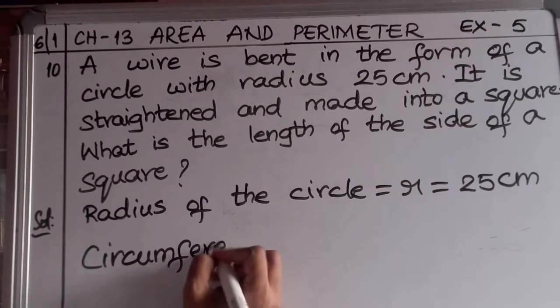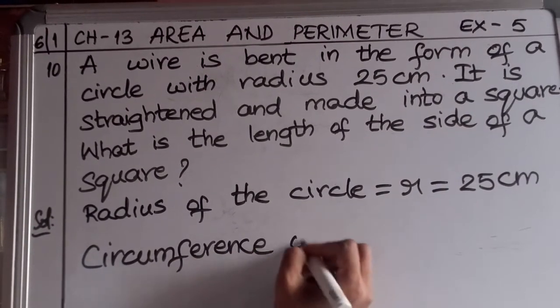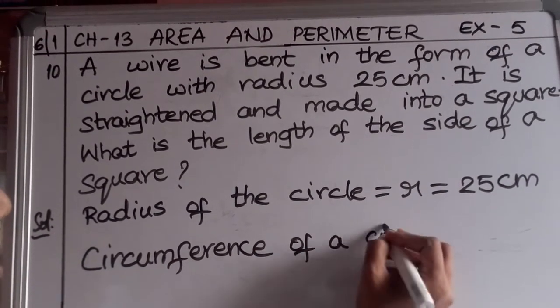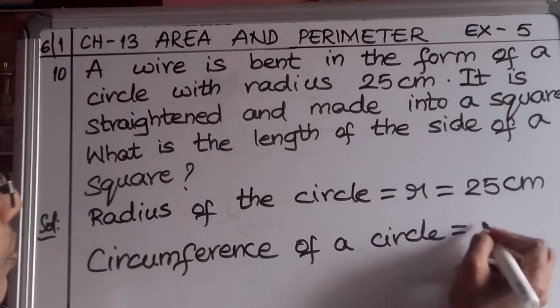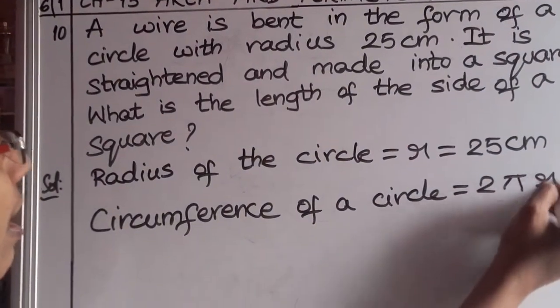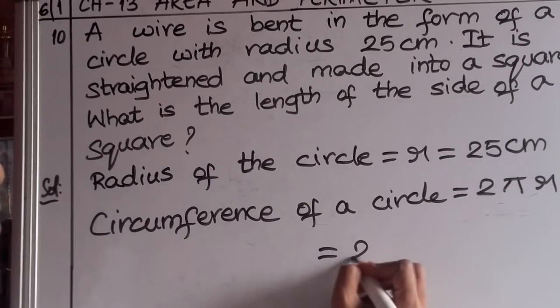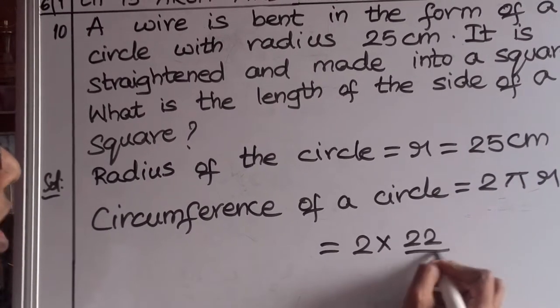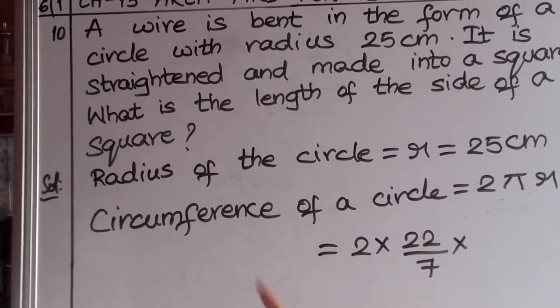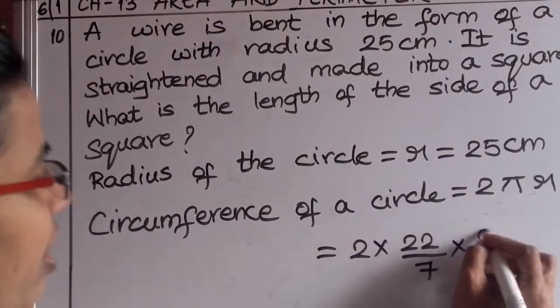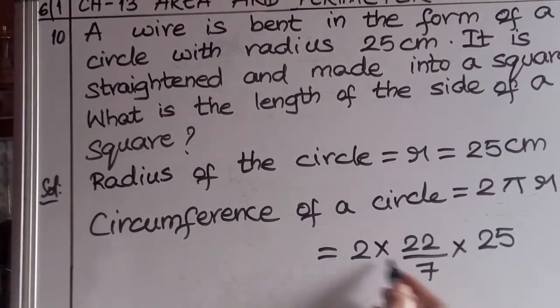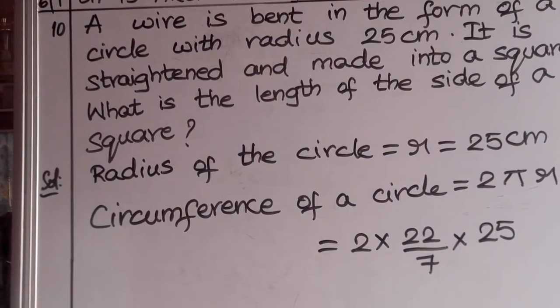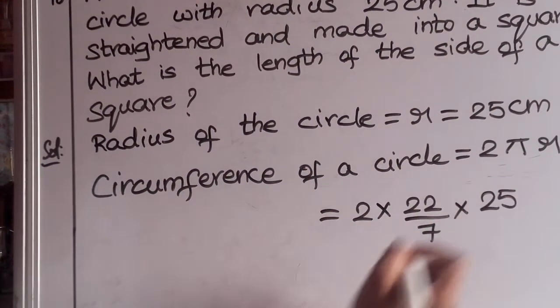Circumference of a circle where radius is given is equal to 2 pi r. So this is equal to 2 into pi, which is 22 by 7, into radius 25 centimeters. Can I cancel this? Directly you are not going to get it.